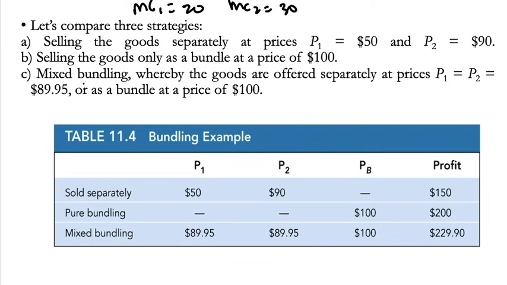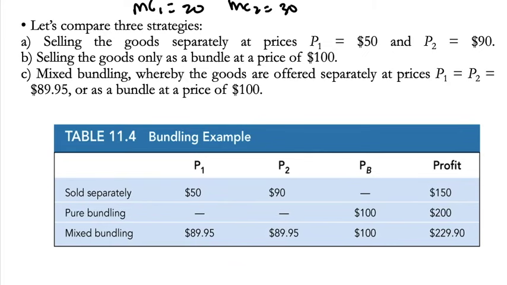The last one is mixed bundling. That is, if you sell goods separately, price 1 and price 2, 89.95. But if you sell it as a bundle, then the price is 100. So if you sell separately here, who will purchase good 1?